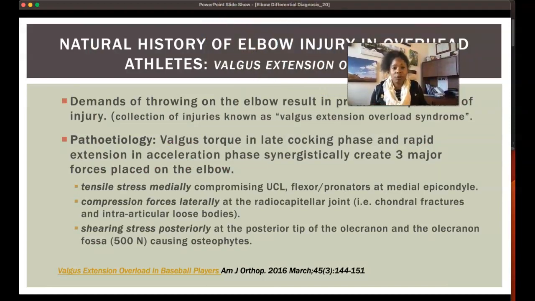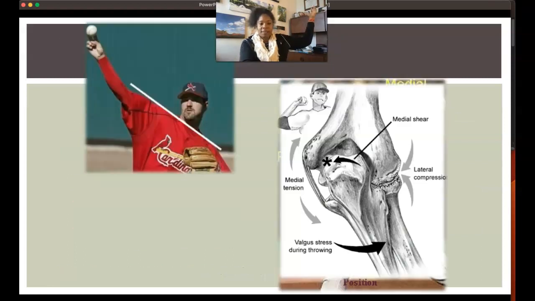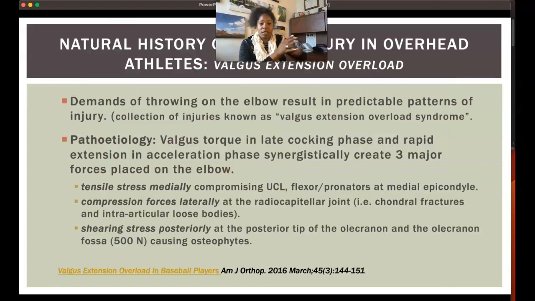There's this natural progression, or natural history, of elbow injury in overhead athletes, right? And we expect this to be the case because when athletes throw overhead, if we go back to this slide here, there is tension placed on the MCL, which can lead to compression of the lateral structures.